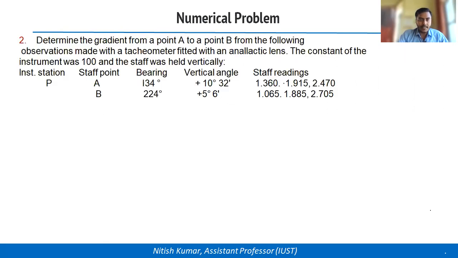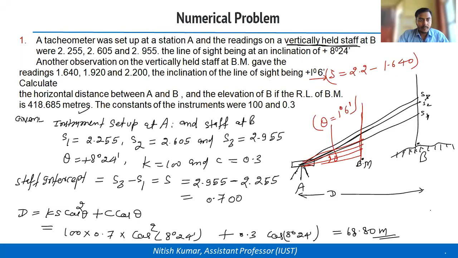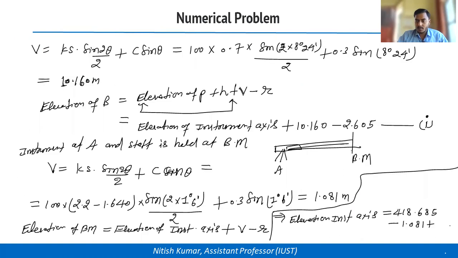Reading of central stadia here, that is 1.92. So you will get the elevation of instrument axis, which is 419.524 meter. So this value we can put in equation 1.